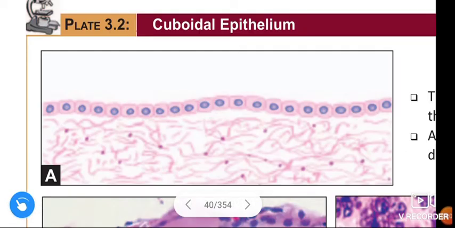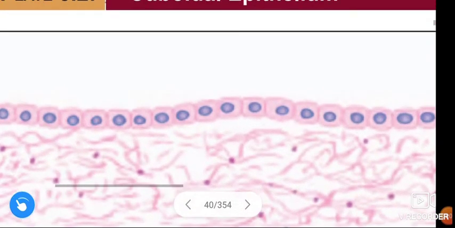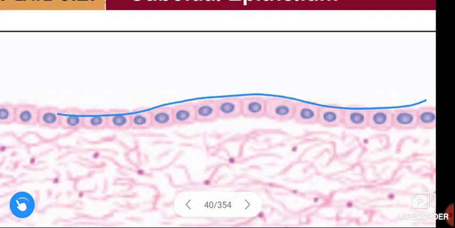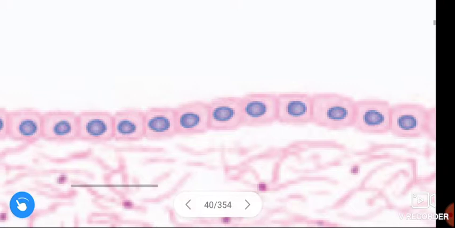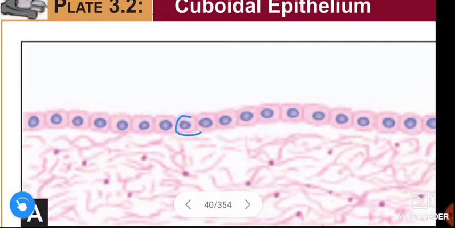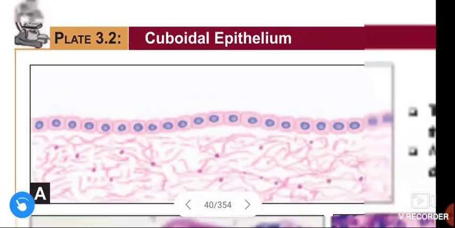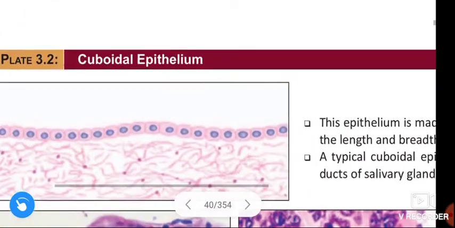see this figure. This figure represents the cuboidal epithelium. Here the cells are cuboidal shaped. See here, all are in square shapes. And the nuclei of the cuboidal epithelium are round.